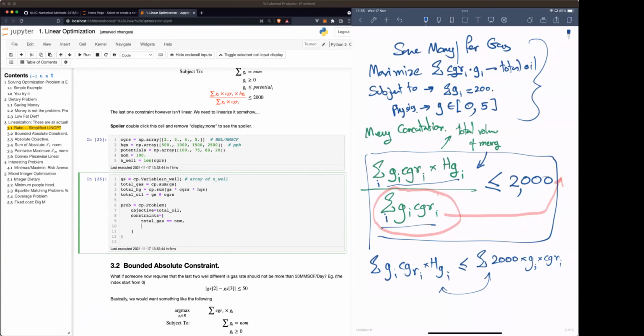And then all the gas needs to be greater than 0.